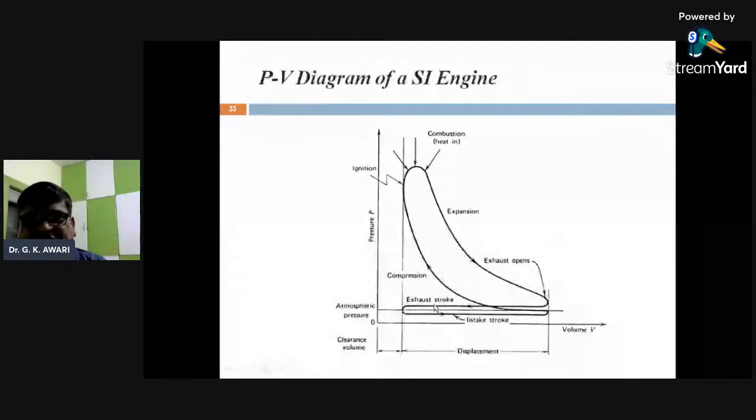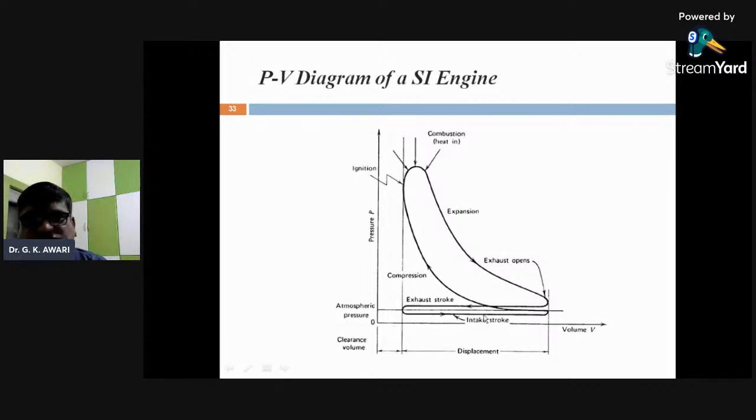So it is a PV diagram, and this portion is nothing but the displacement inside the cylinder, and this particular portion is the clearance volume, which is provided in the IC engine because it consists of valves like the inlet valve and exhaust valve, which are to be accommodated inside the cylinder.